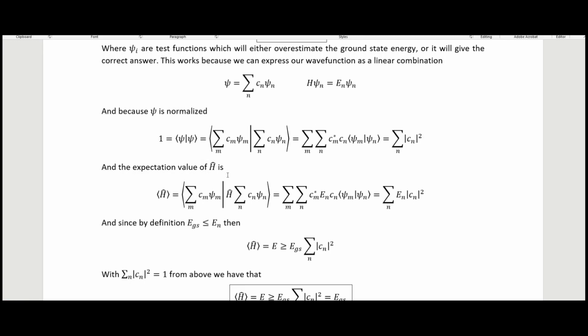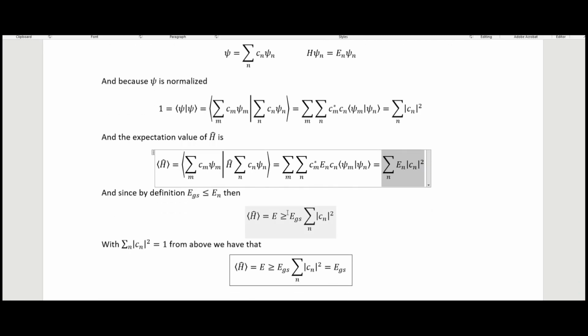So the expectation value of our Hamiltonian, which is equal to this summation, what we end up with is the summation over our energies times the probability amplitude squared, which we said already was equal to 1.